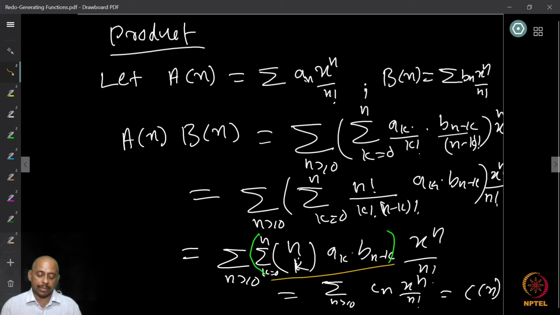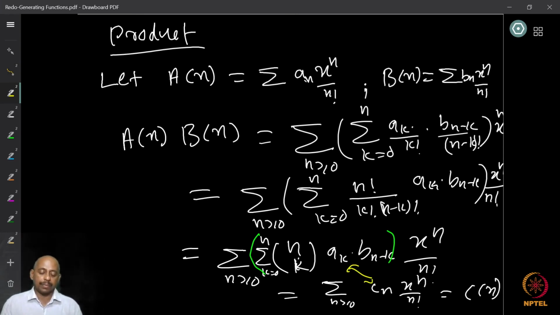If I define the thing in the bracket as c_n, then I get c_n into x^n by n factorial, which is C(x) for some counting sequence c_n, right?